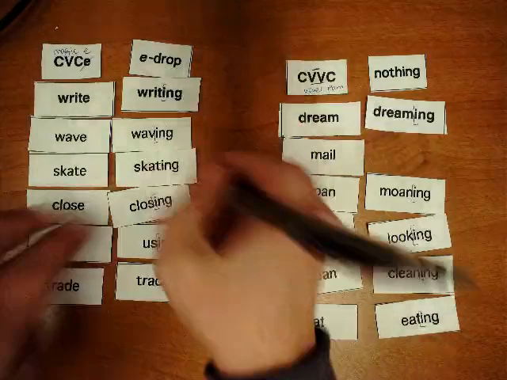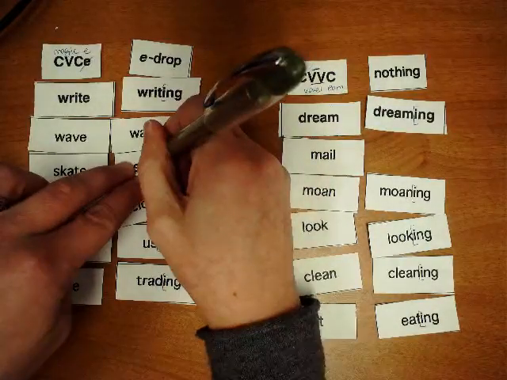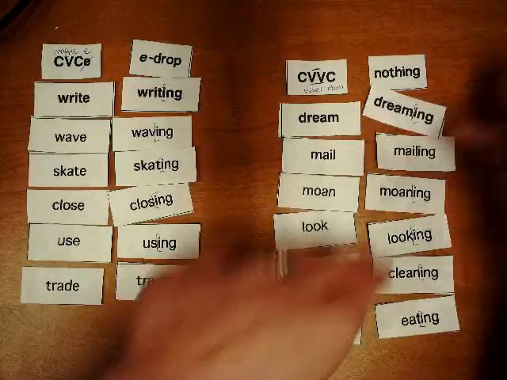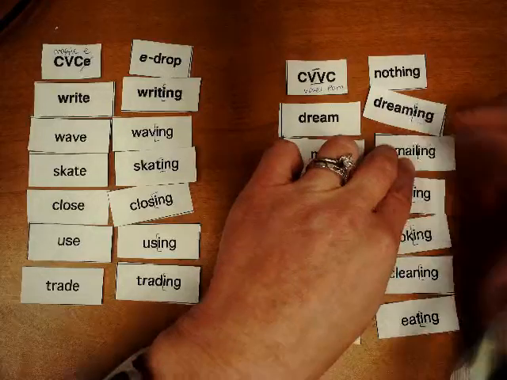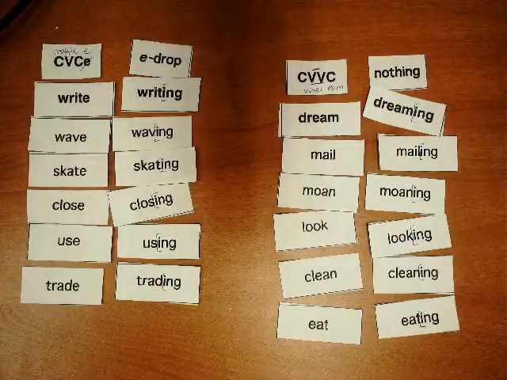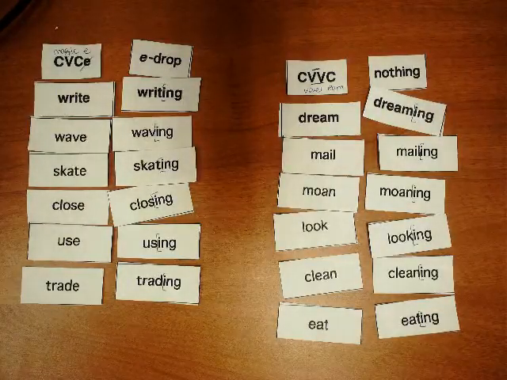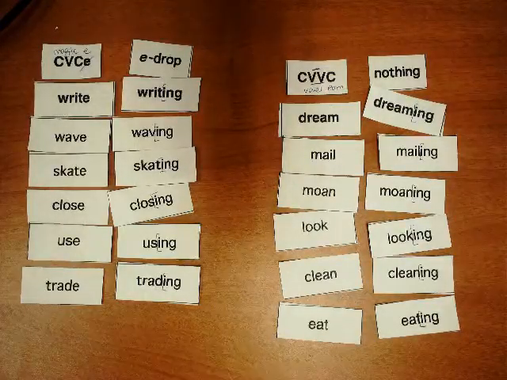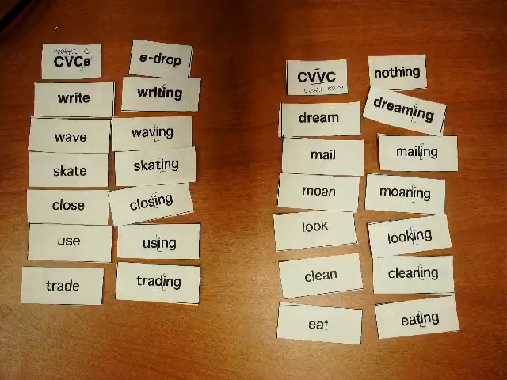Skate to skating, an E drop right there. And then mail to mailing, no spelling change. So I challenge you right now, go ahead and pause if you need to kind of catch up.